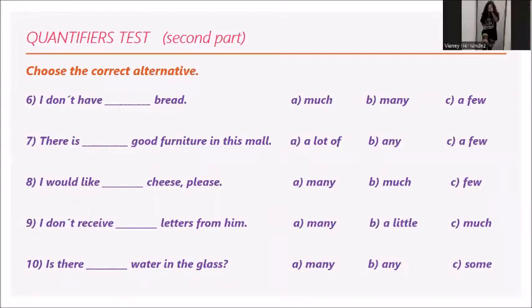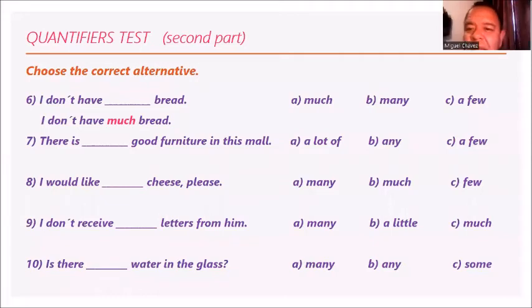I don't have many bread. No, because many is for countables: 1, 2, 3, 4, 5. And bread is uncountable, much. Thank you, Vianney. Number 7, please.